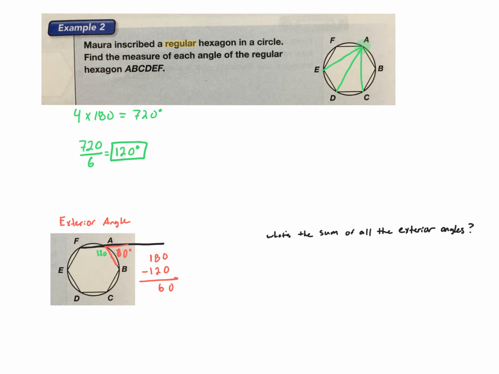And notice, if we extended the next one, this would give us another exterior angle here. If we extend the next one, another exterior angle here. Extend the next one, give us another exterior angle here. So notice each vertex has one exterior angle.